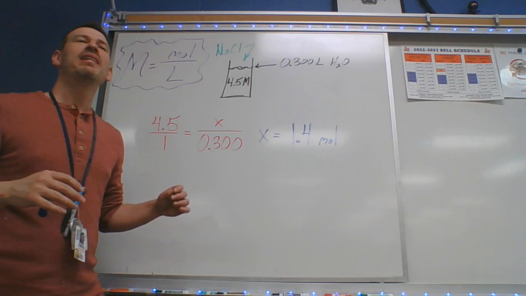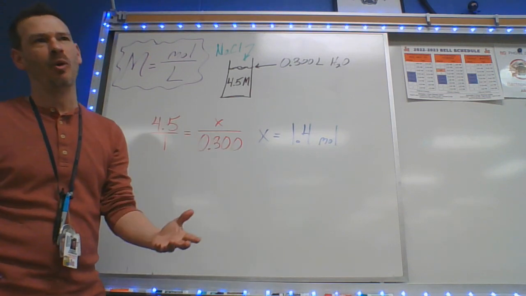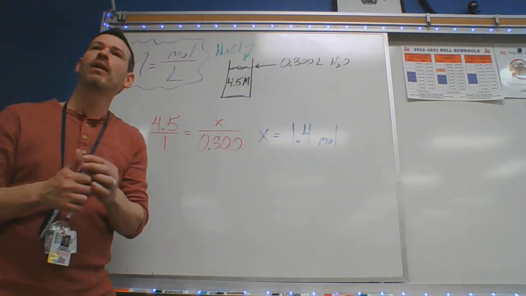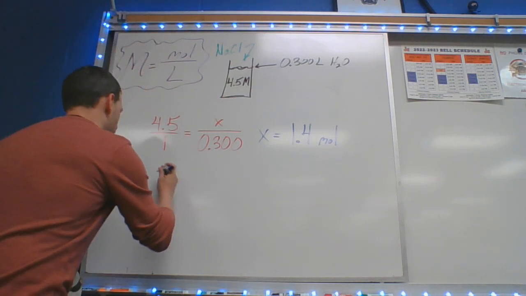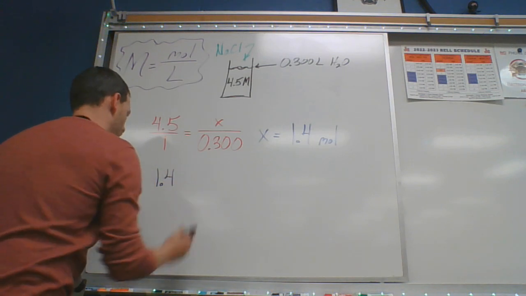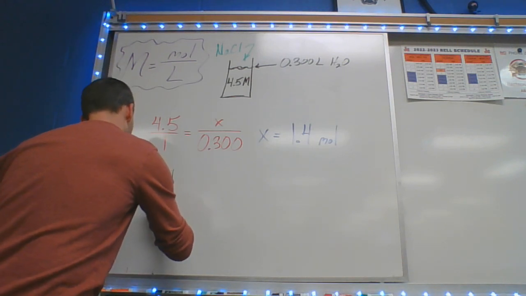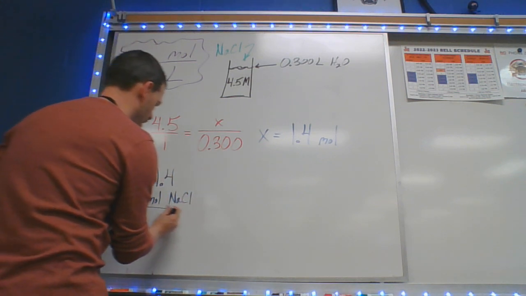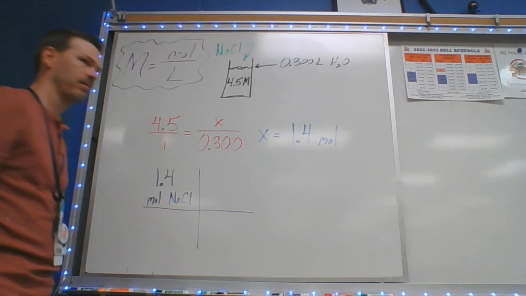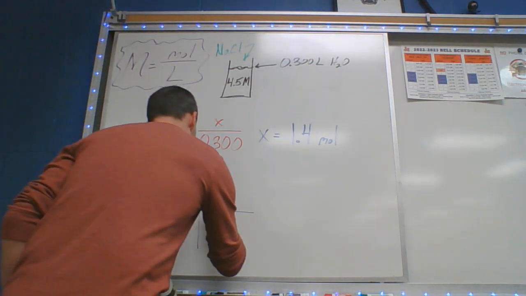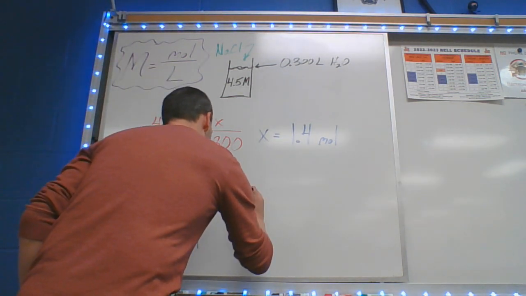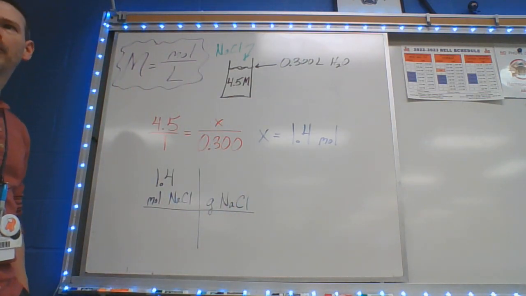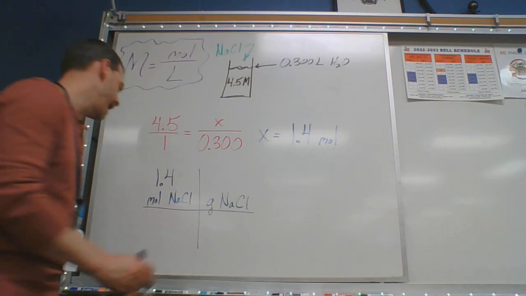All right, so now we have a mole count, but it doesn't want moles. It wants to know how many grams of that was added to the solution. So one-step conversion, you've done a million of these. If I have 1.4 moles of NaCl, and I need to convert that into grams of NaCl, drag the diagonal.